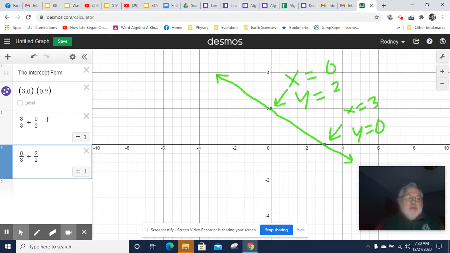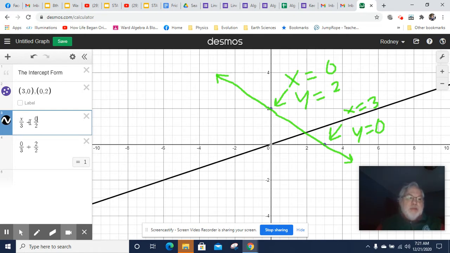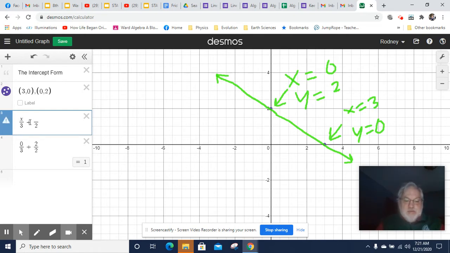It turns out that we can generalize this for any x and y value. So I can replace the 3 value with a variable x, and I can replace the y value with a variable y, and that sum, x over the x-intercept plus y over the y-intercept, will always equal 1.